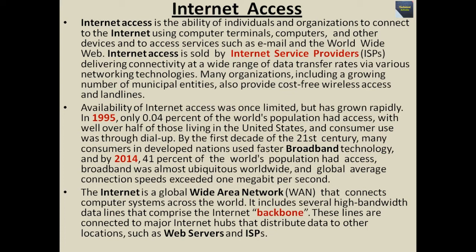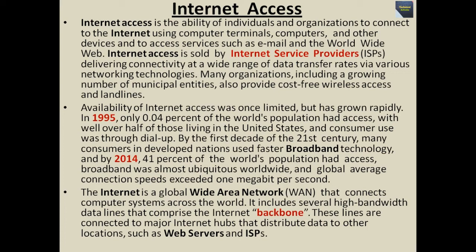By the first decade of the 21st century, many consumers in developed nations used faster broadband technology. And by 2014, 41% of the world's population had access. Broadband was almost ubiquitous worldwide, and global average connection speeds exceeded 1 megabit per second.